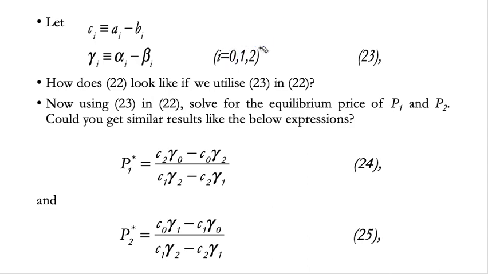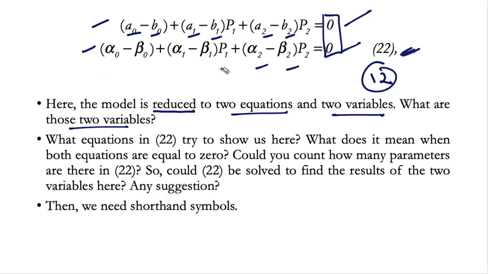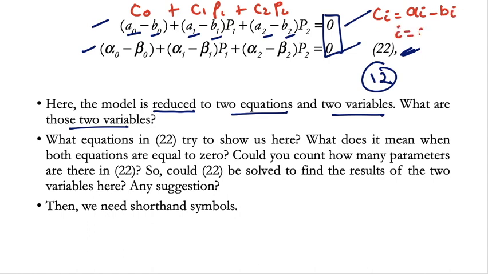You look here. For the first one, this becomes C naught plus C1 P1 plus C2 P2, such that Ci equals Ai minus Bi, isn't it? And i is actually 0, 1, or 2.